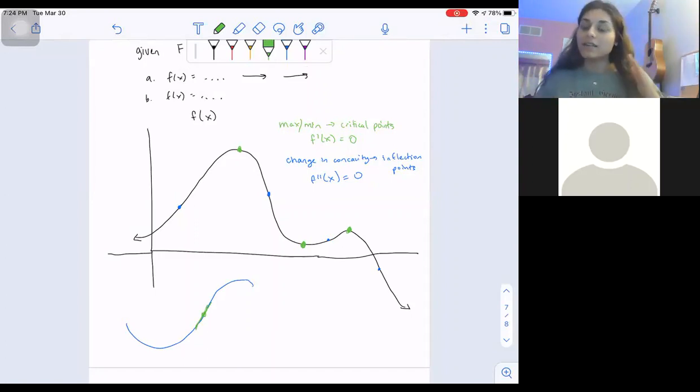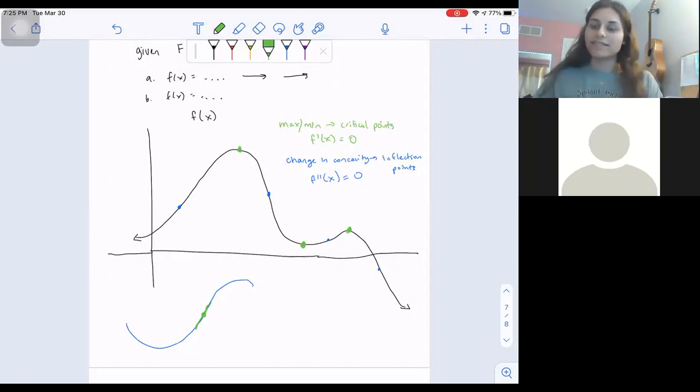Why is that? When we have a linear graph, the slope is constant. The second derivative is telling us how fast the rate of change is changing, right? So it's telling us the rate of change of the slope. Okay, so just follow me here. Inflection points are given by when the second derivative equals 0.